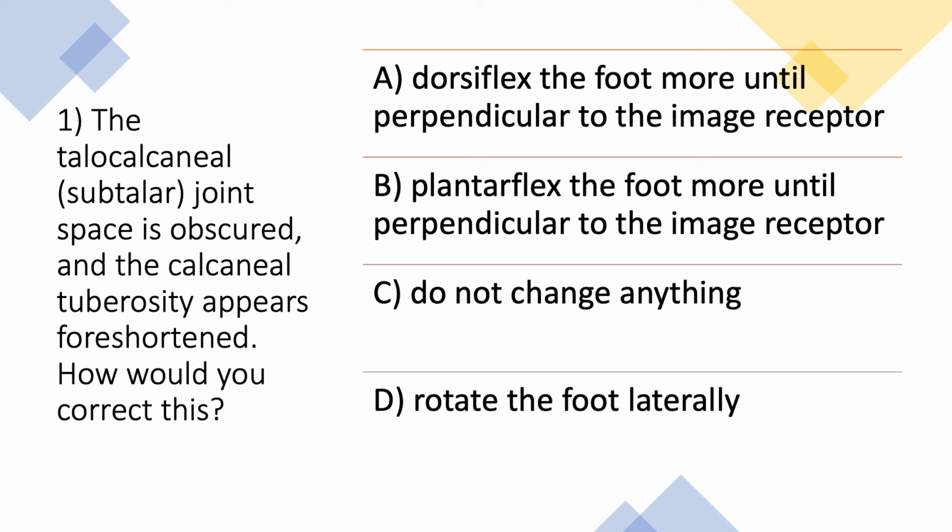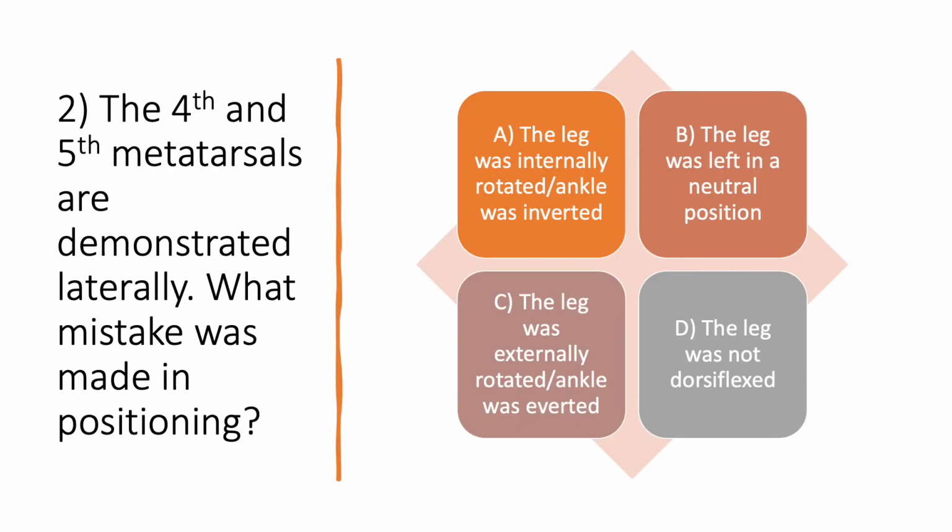B. Plantar flex the foot more until perpendicular to the image receptor. C, do not change anything. D, rotate the foot laterally. The correct answer is A, dorsiflex the foot more until perpendicular to the image receptor.